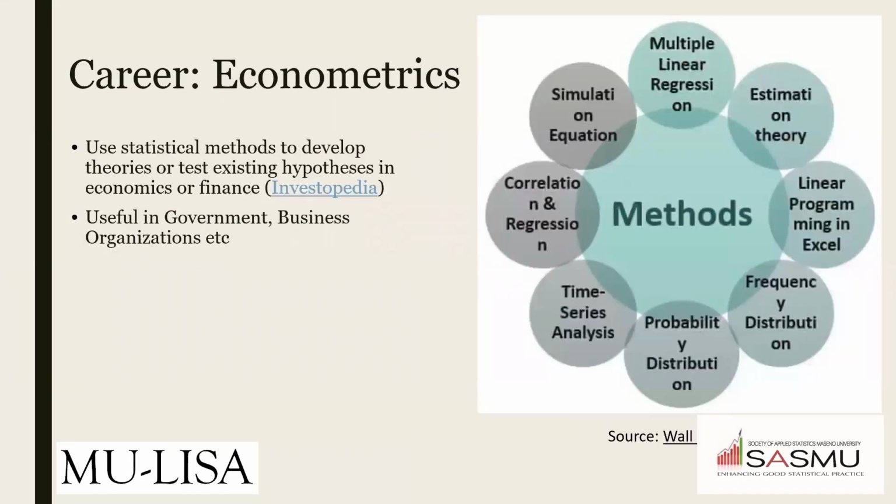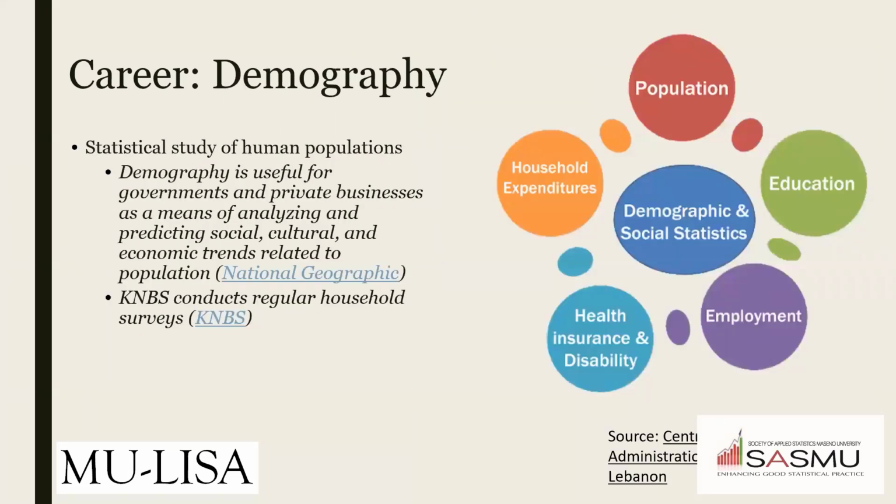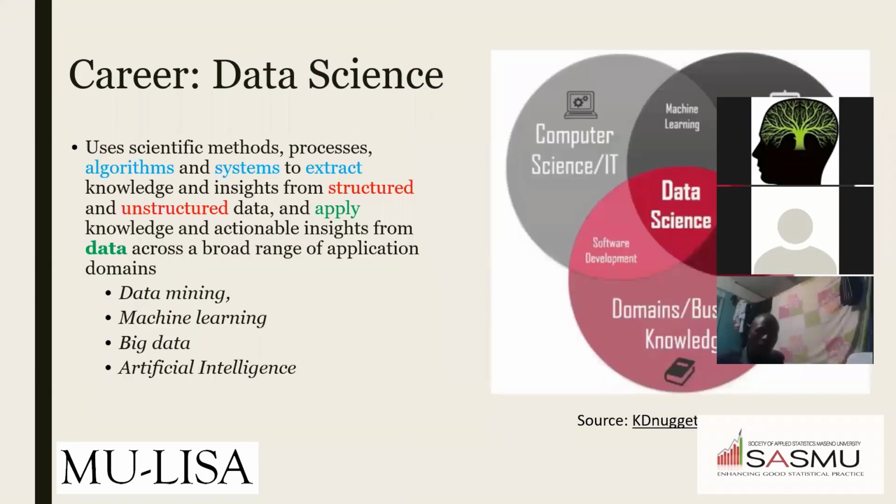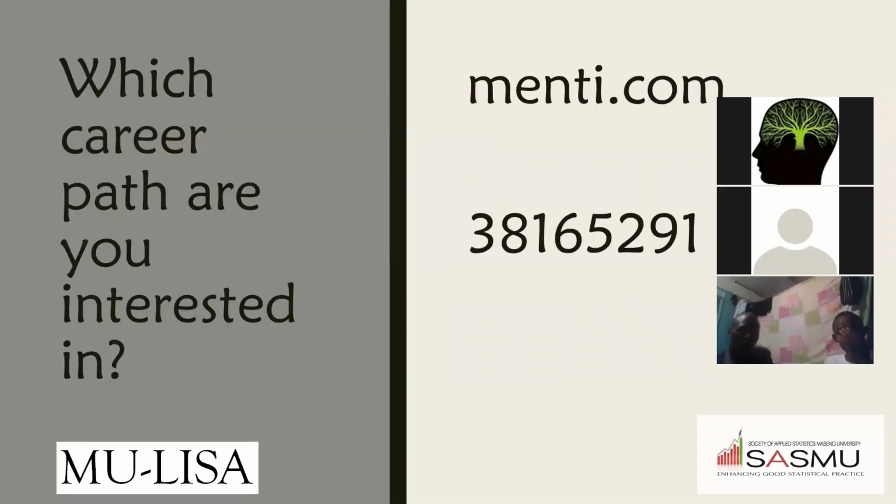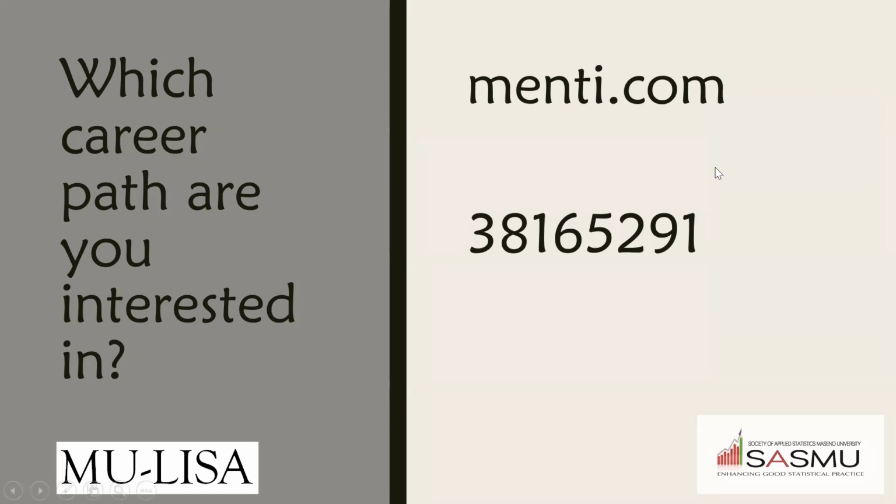We've given you actuarial, econometrics, demography, biostatistics, data science. You can put up to 3 different ones. Which ones do you feel are the paths that interest you?